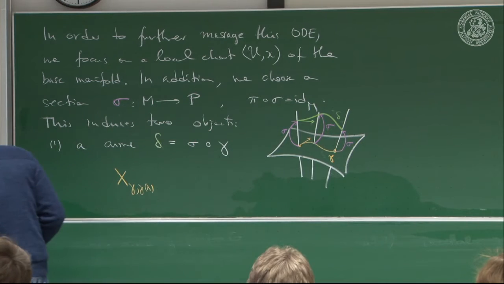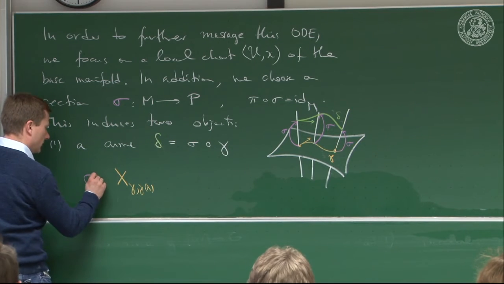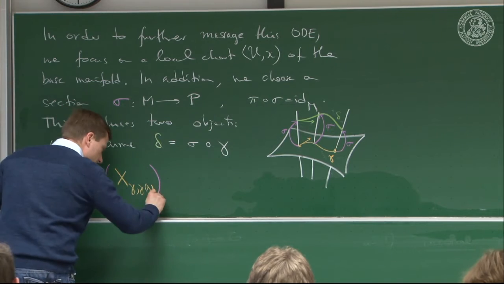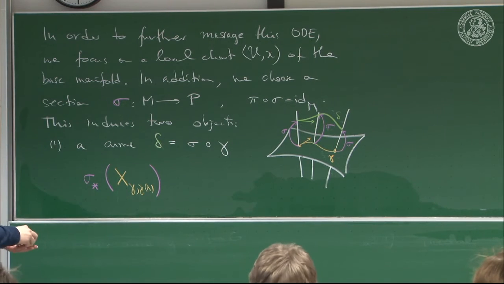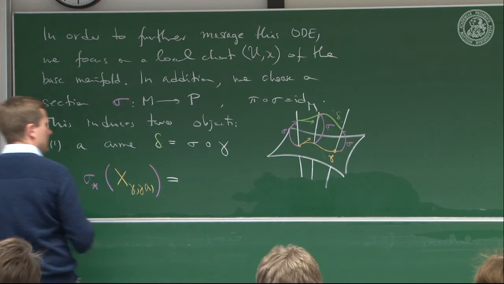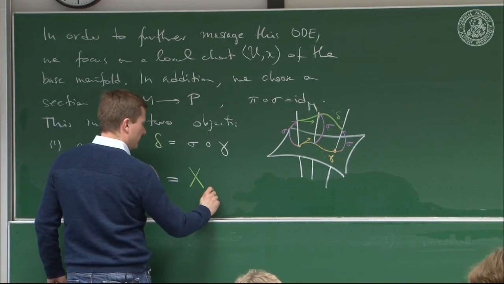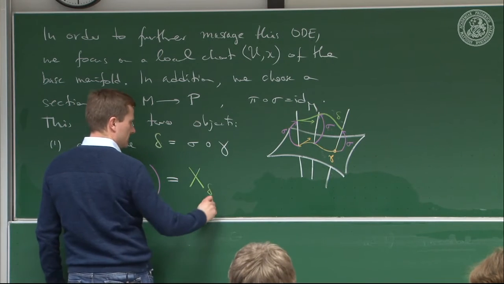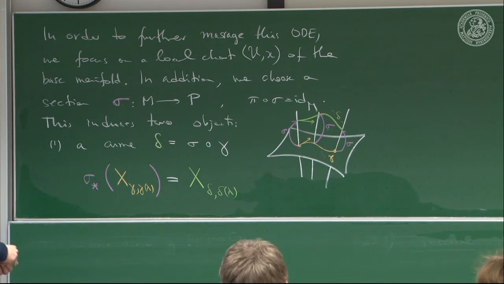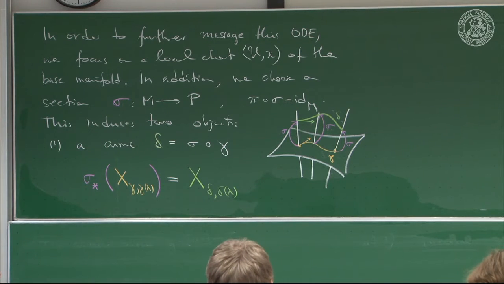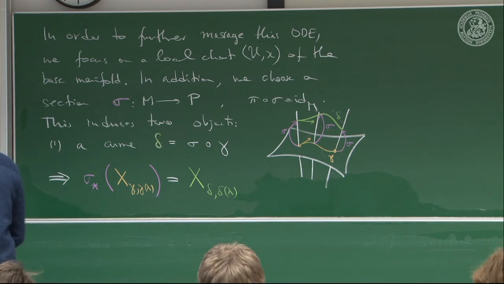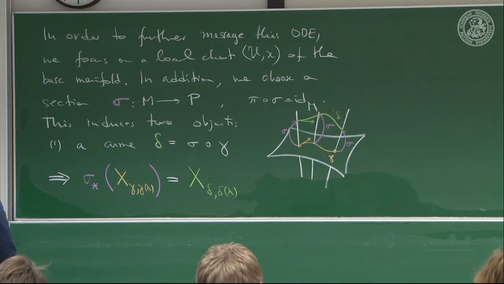So we can take the push forward under sigma of this tangent vector, and what we obtain is the tangent vector to the curve delta we produced thereby, at the same point of the parameter space. Okay, so this is an immediate conclusion from here.